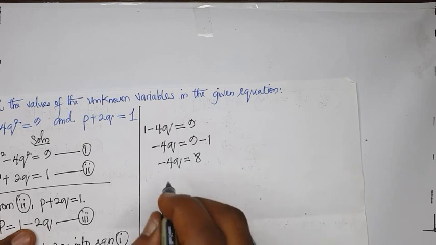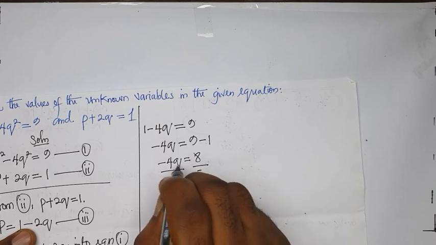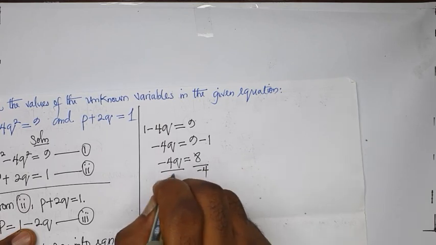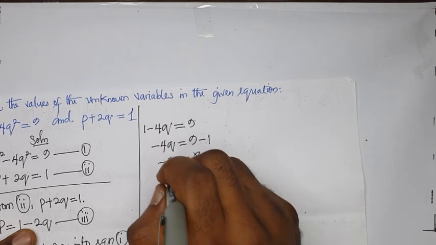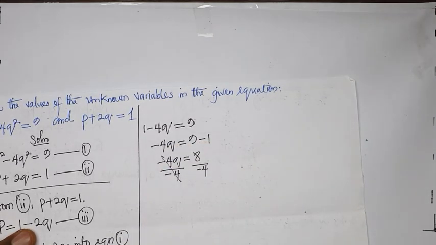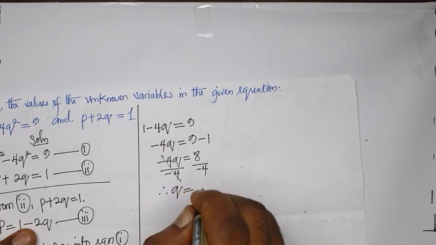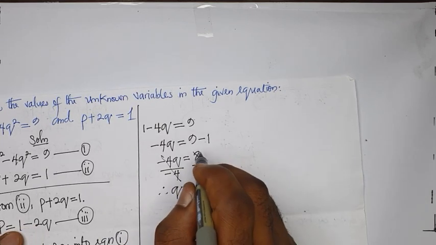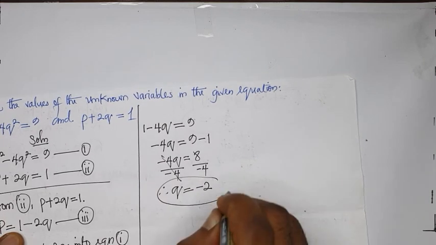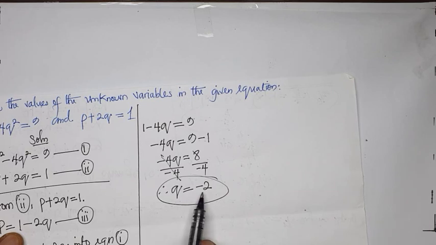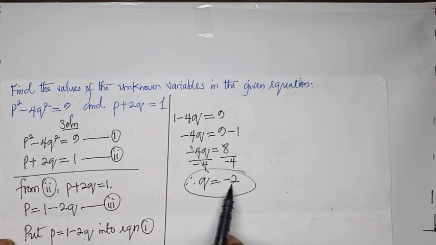To remove negative 4, you divide both sides of the equation by the coefficient of q, which is negative 4. Now on the left hand side, negative 4 on the numerator cancels out the negative 4 on the denominator, leaving us with just q. But on the right hand side, when you divide 8 by negative 4, you are left with negative 2. So this is it for q. The value of q in this equation we are given from the beginning is negative 2.